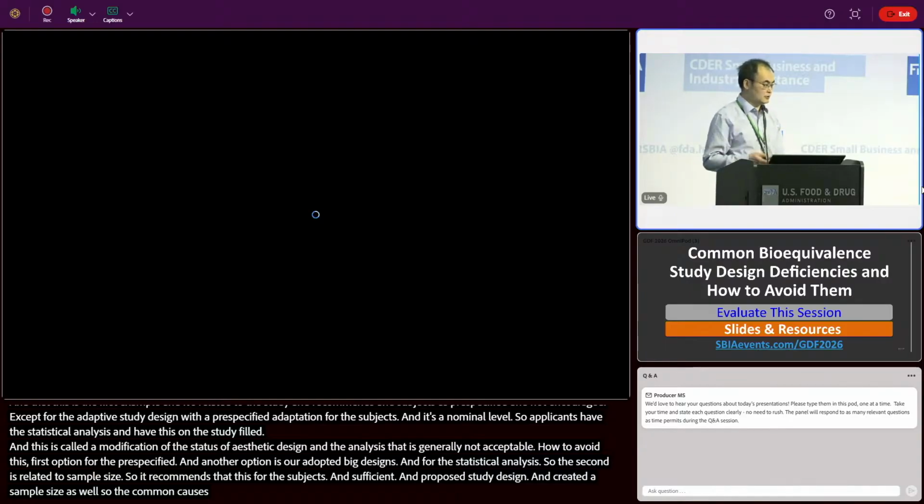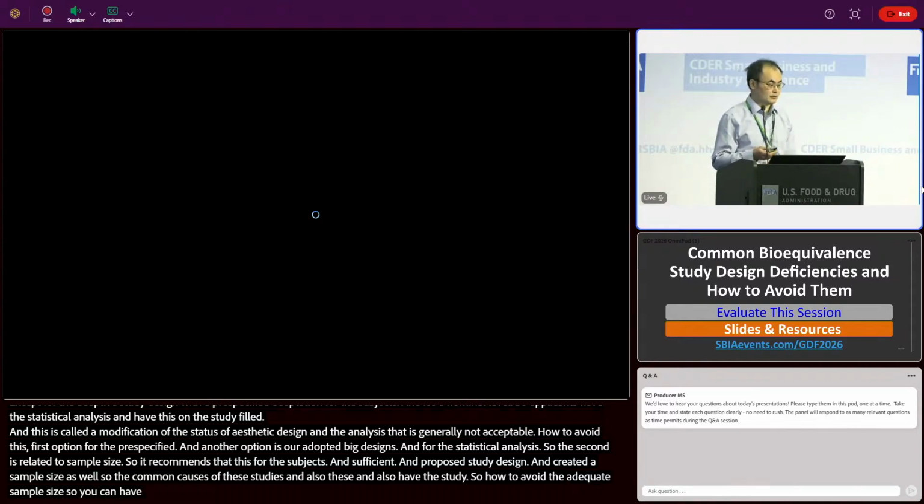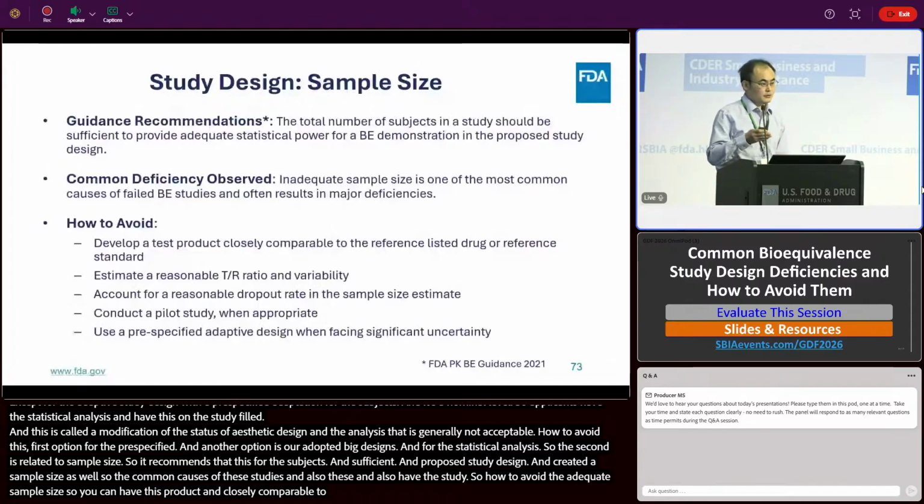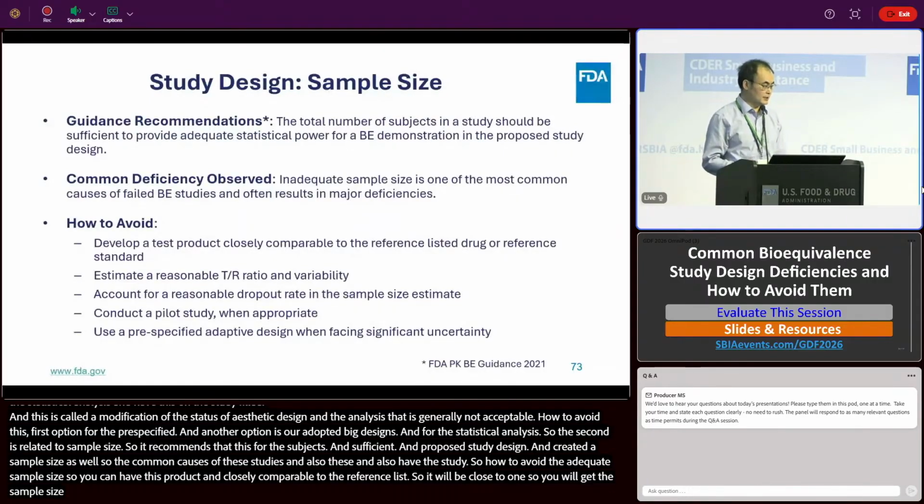So how to avoid inadequate sample size? The first one is you can try to develop a test product closely comparable to the reference standard. In that way, the T/R ratio will be close to 1, so the sample size should usually be sufficient for a successful BE study.